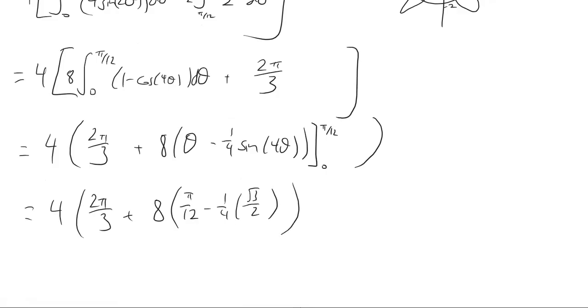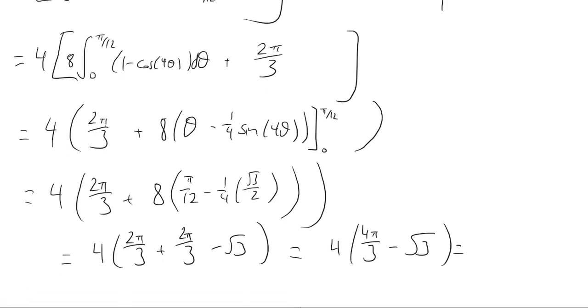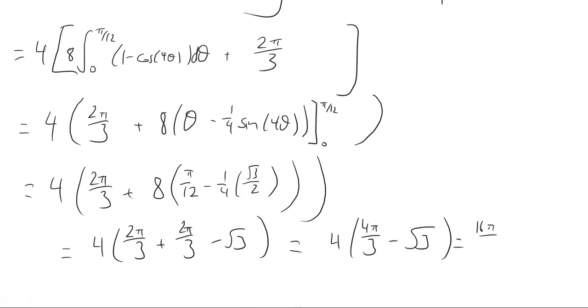And when we plug in 0, everything goes away. So this becomes 4 times 2 pi over 3 plus, 8 pi over 12, that is 2 pi over 3 again, and then 8 divided by 4 is 2, and there's a divide by 2 there, so it becomes minus root 3. So this becomes 4 times (4 pi over 3 minus root 3), which if we distribute is 16 pi over 3 minus 4 root 3.